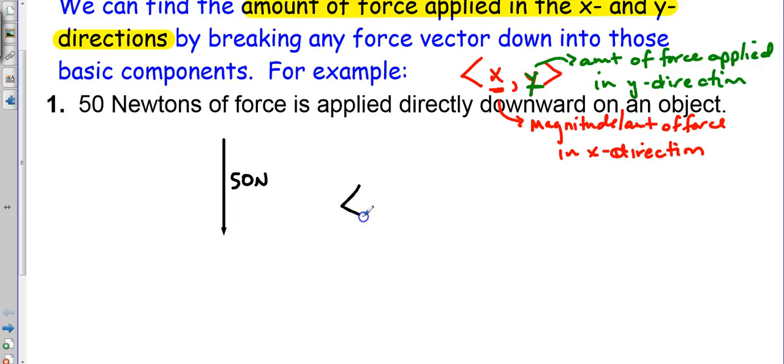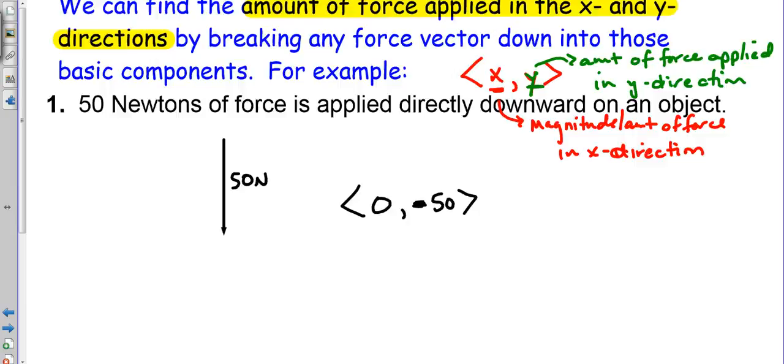Well, this thing's going directly down, so 0 out of that 50 newtons is being applied in the x direction. If you're pushing straight downward on something, all of that 50 newtons is going to be applied downward. So the component form for this particular example is 0, negative 50.